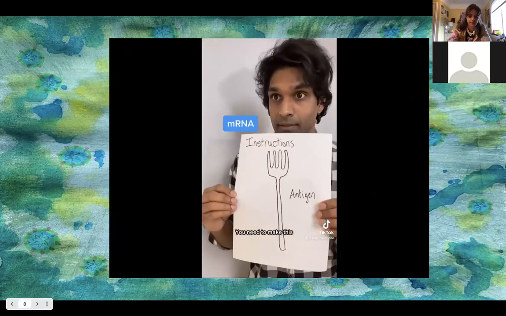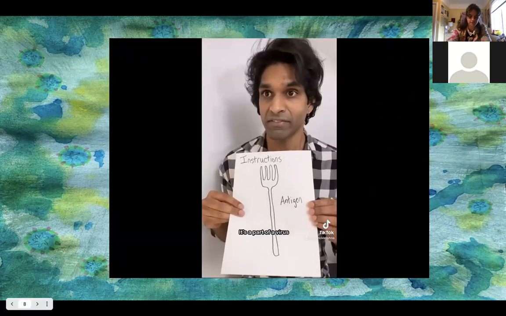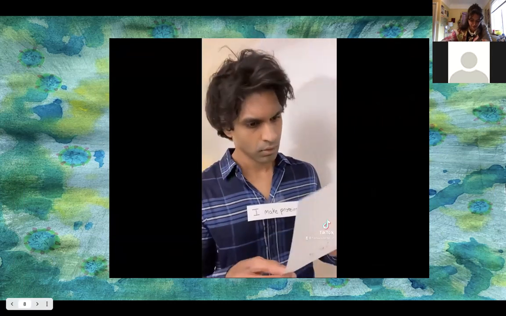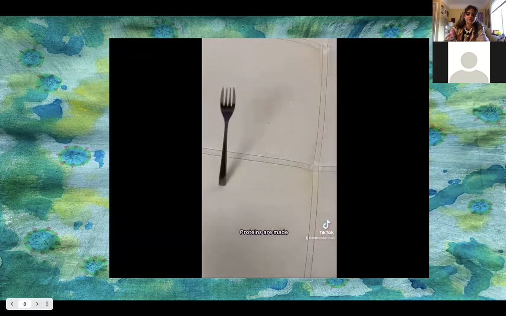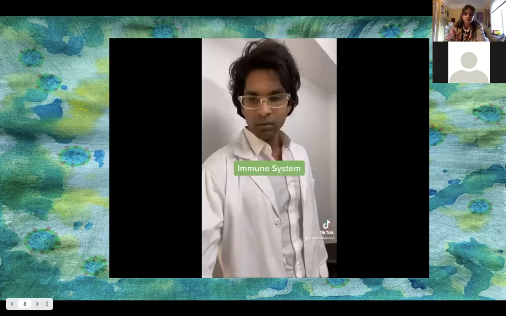You need to make this. What is it? It's a part of a virus. A virus? Just a part of it, not the actual virus. They're called COVID-19. They have fork hands and they're coming. Fork hands? Please. What is this?